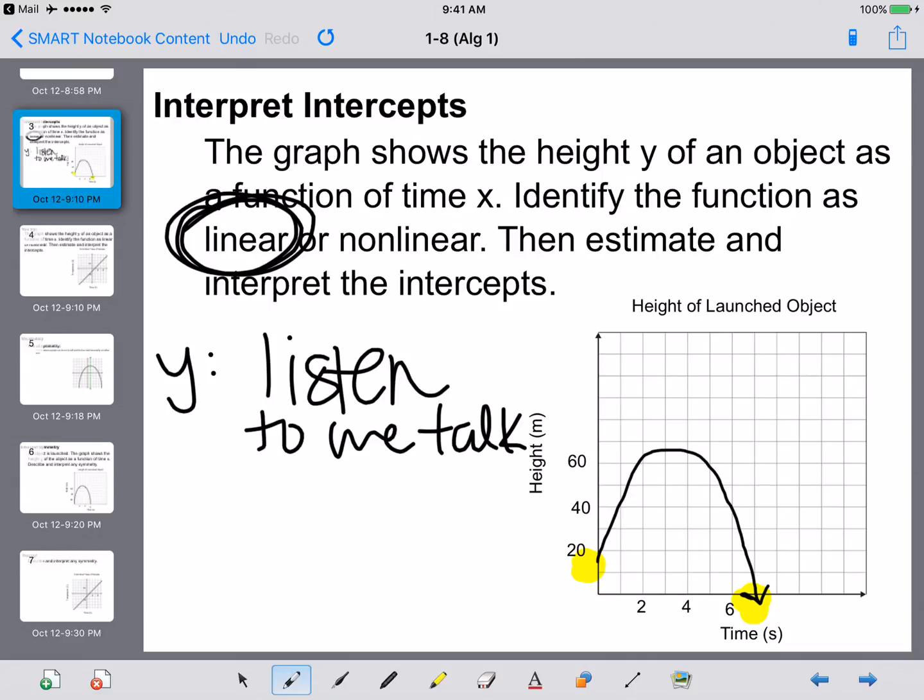So when we start, our object is 15 meters off the ground. Our x-intercept then says after 7 seconds, our object has hit the ground.